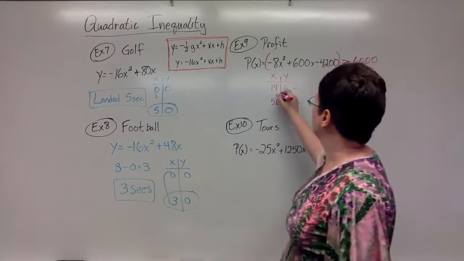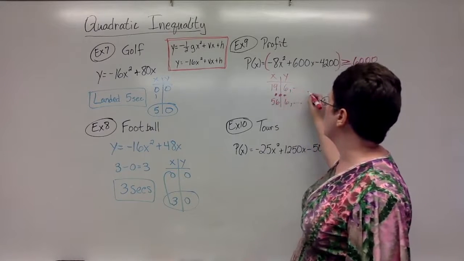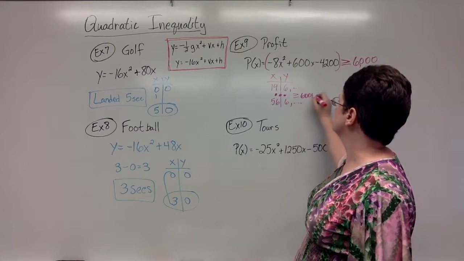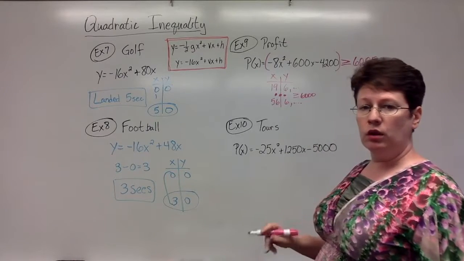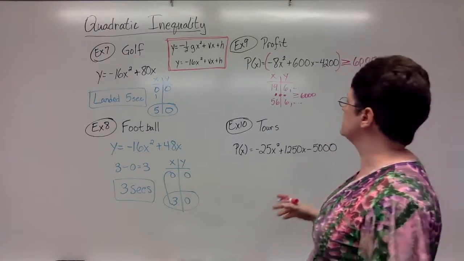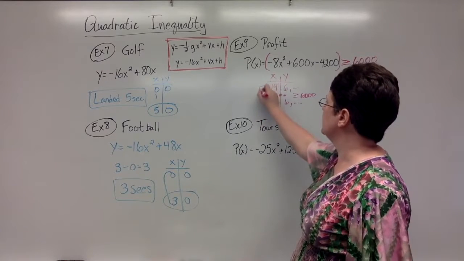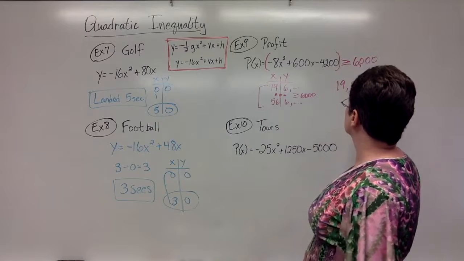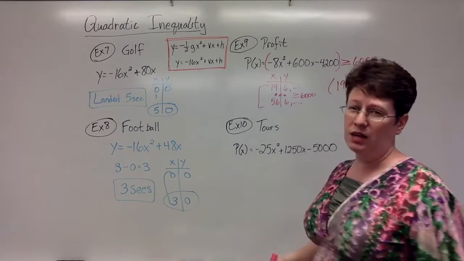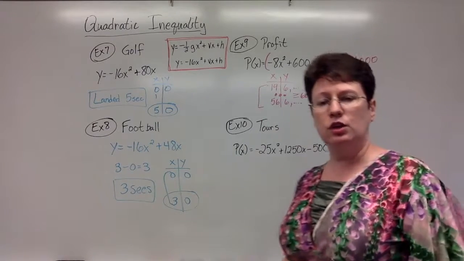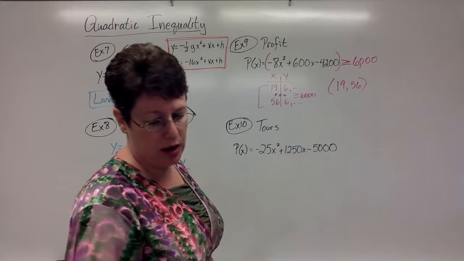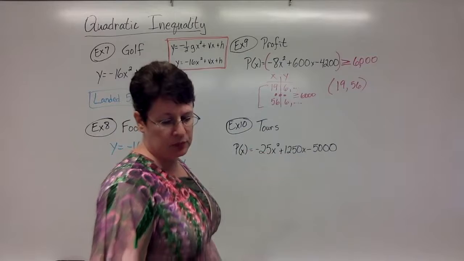In between there, the numbers are all bigger than 6,000. So, where is my profit greater than 6,000? Between 19 and 56. Now, they're not equal to 6,000 at those values, so we would leave it as parentheses. We would not do that as square brackets, okay?